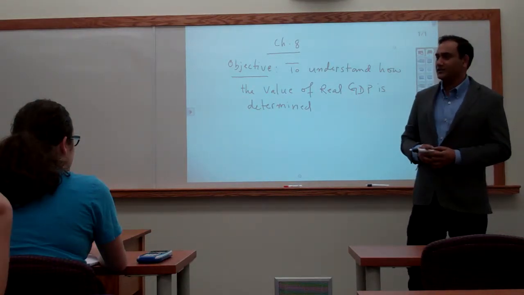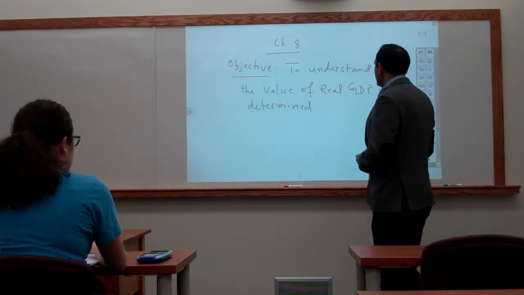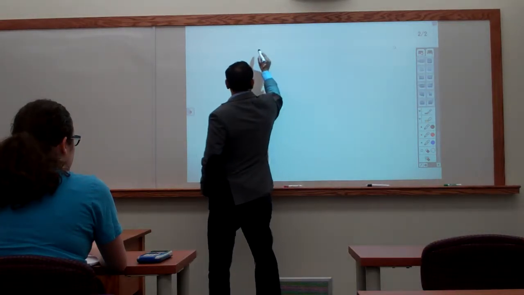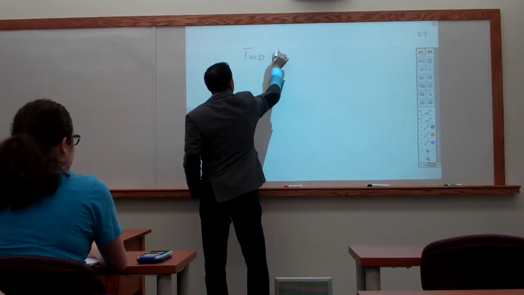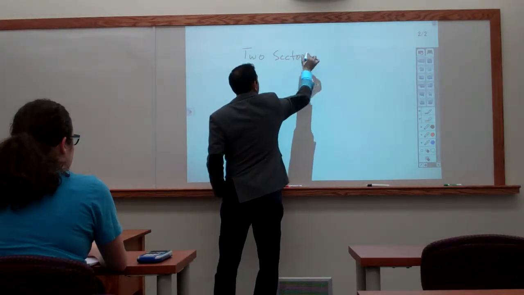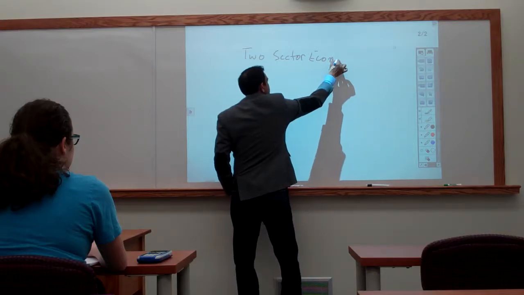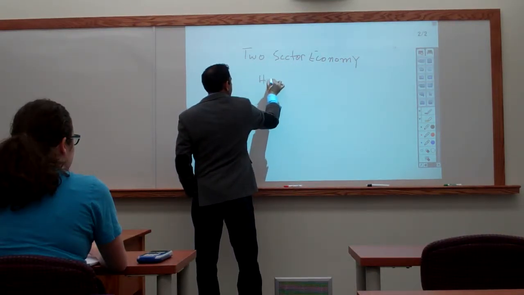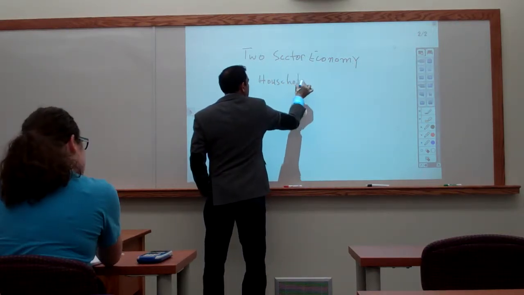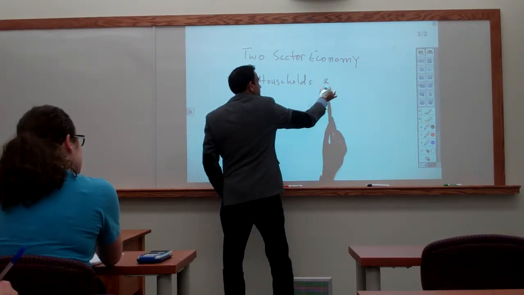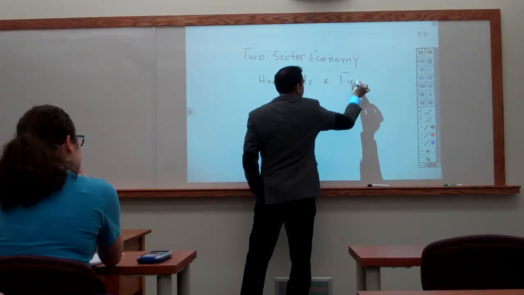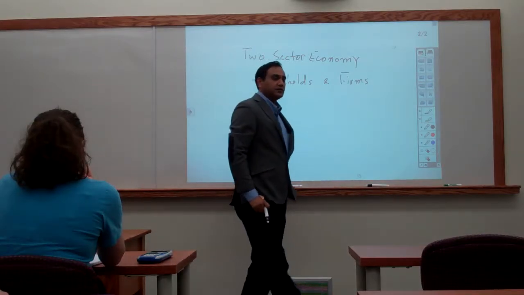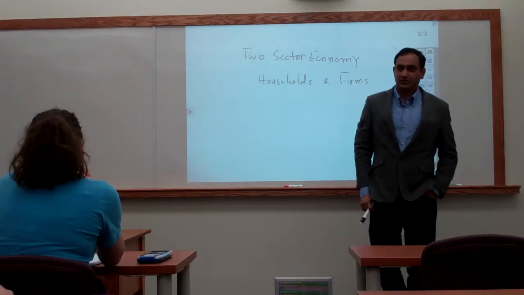So to understand that, we'll keep our model simple, and we'll consider a two-sector economy, where you have households and the firms. Our economy consists of only two sectors for the time being.